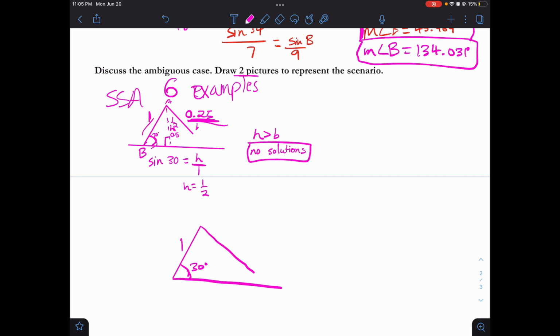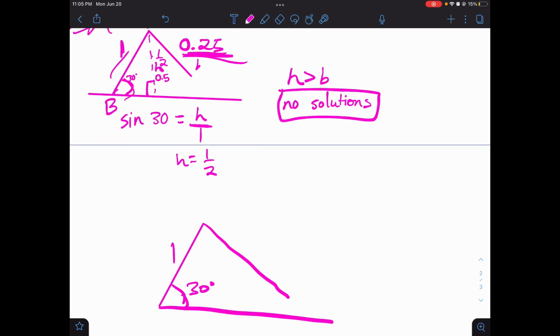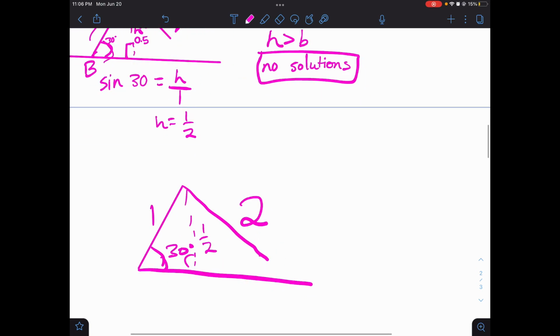But instead this time, let's make this 2. Correct? If that's 2, we already know that this is 1/2 because we just found that. So meaning this can reach the end and we can form a triangle.